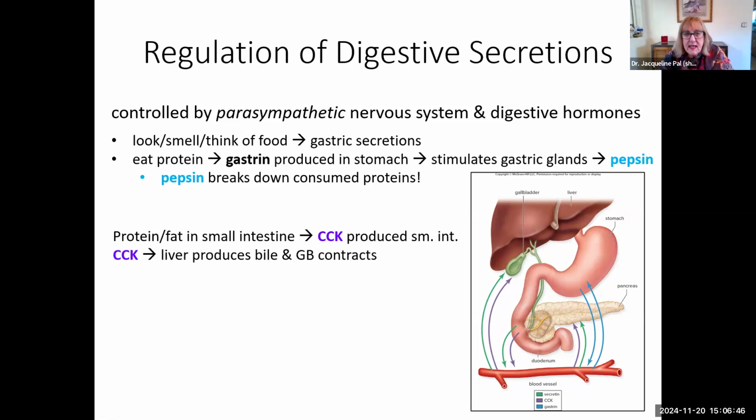Now what CCK is going to do is go back up to the liver and the gallbladder and make the liver produce bile. And remember, bile can come back in the small intestine, and it also makes the gallbladder contract. So whatever bile was in the gallbladder is going to contract.